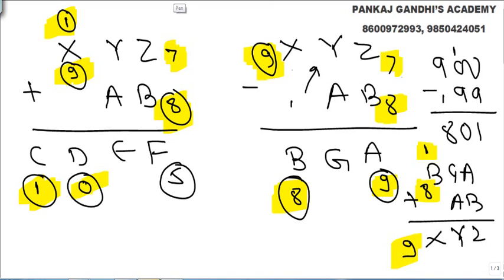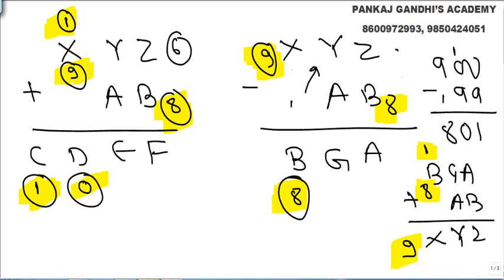Both X and A cannot be 9. The answer is wrong, the assumption is wrong. So this assumption that Z can be 7 is wrong.